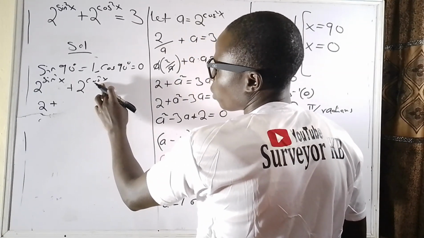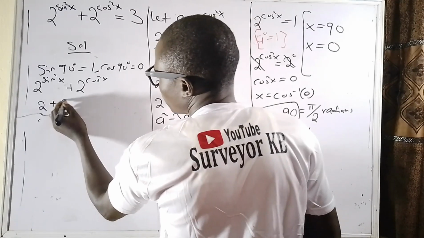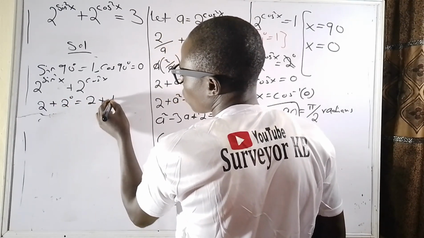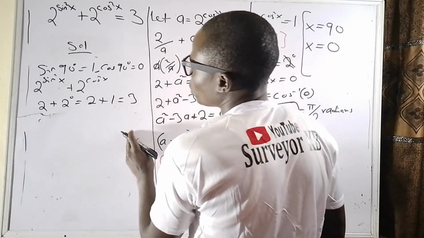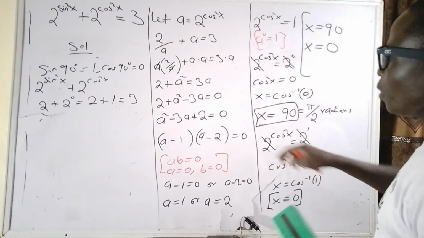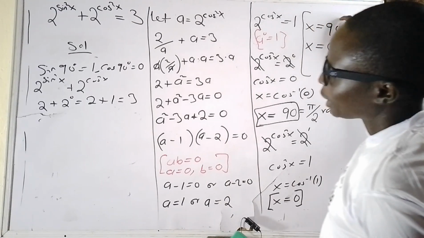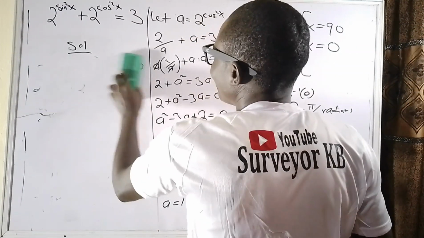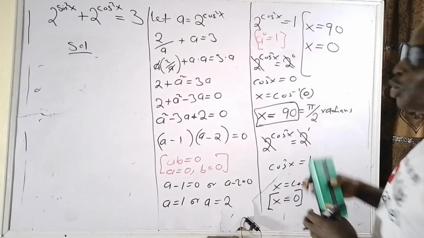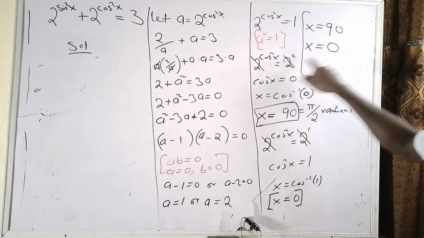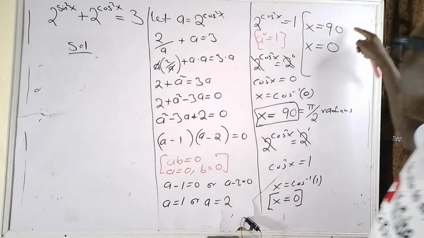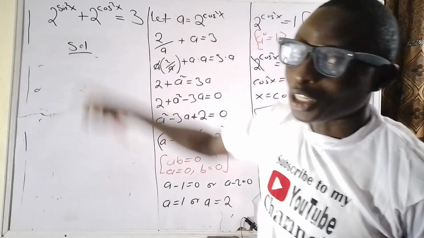Then 0 squared is 0, then 2 raised to power 0 is 1. So 2 plus 1 is equal to 3. So we can see that 90 satisfies the equation. If you really understand it, try to plug in 0 and see whether it will give you 3. But I know that 90 and 0 satisfy the equation.